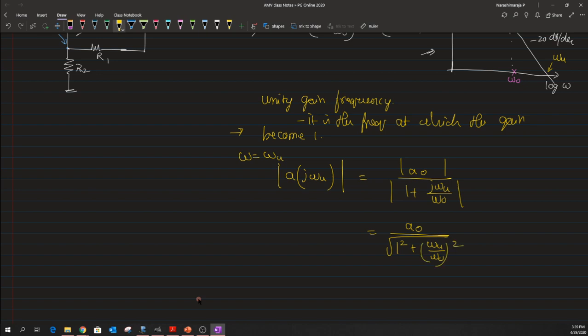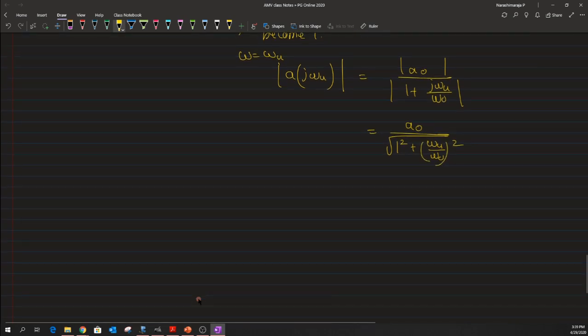Now, if we assume that this omega u is much larger, or the ratio of omega u by omega naught is much larger than the value of 1, then one could approximate this magnitude. Again, the magnitude of this open loop configuration will become a value of 1. So I can rewrite this as approximately A naught divided by omega u by omega naught.